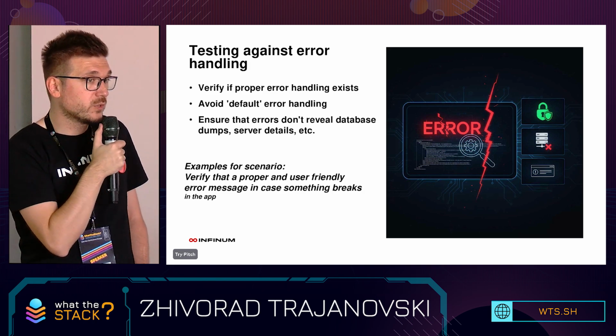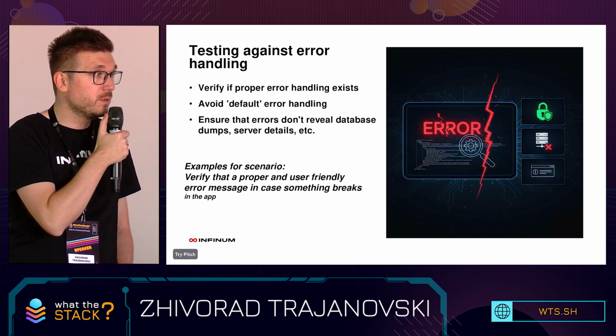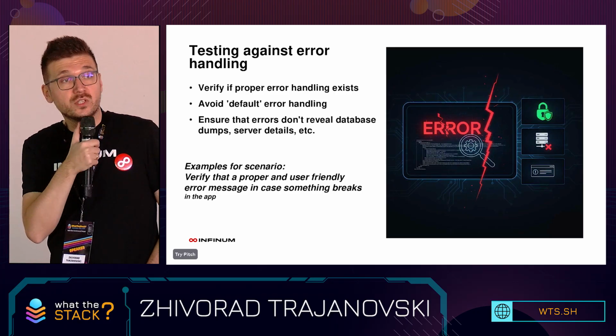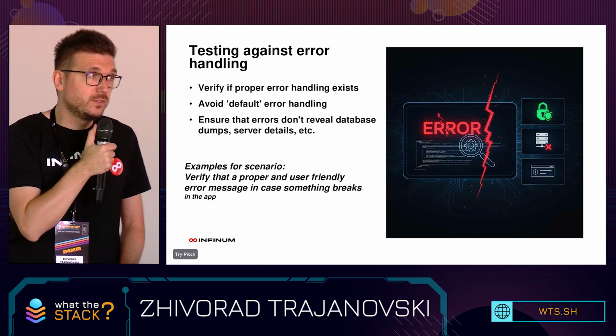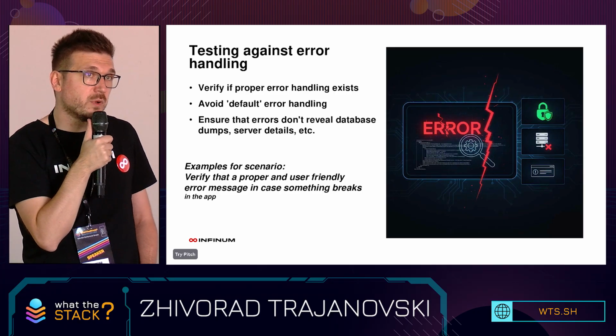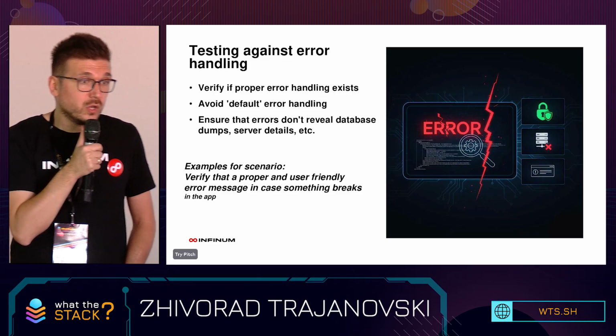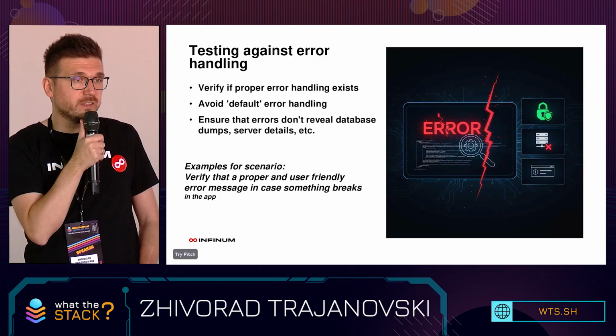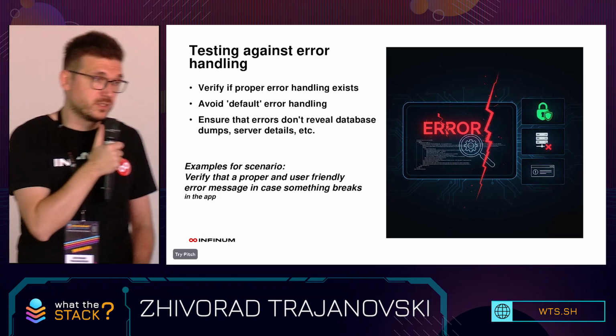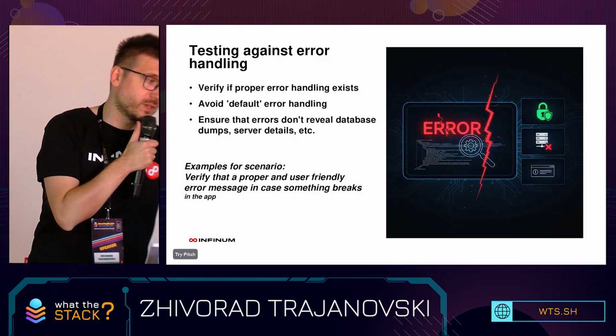Avoid stack traces and SQL dumps, because this can confuse the user, but if the user has more technical experience and knowledge, this can be used against you. So it's better to display a short user-friendly message instead of displaying details from your database, for example.